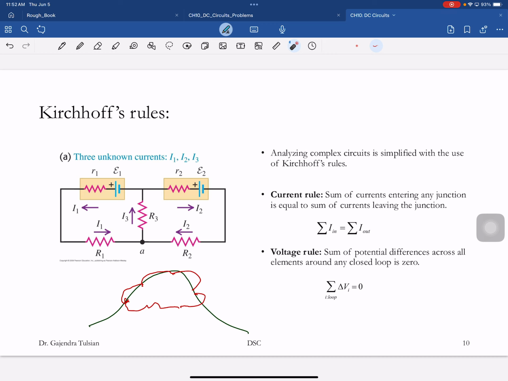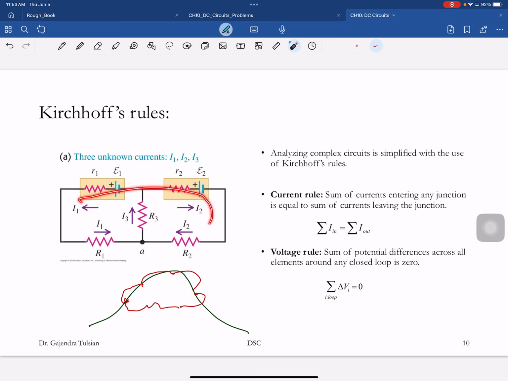Between these two rules, you'll do a whole circuits class. That'll be the foundation for your circuits class, finding currents through all kinds of devices. When you apply this voltage rule, notice that in this loop there are 4 devices, so when you write this there'll be 4 terms, the sum of 4 terms equal to 0.